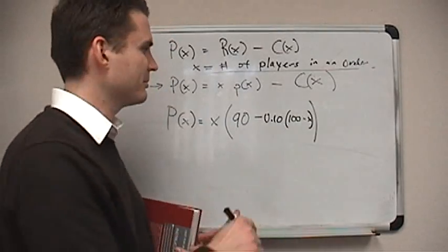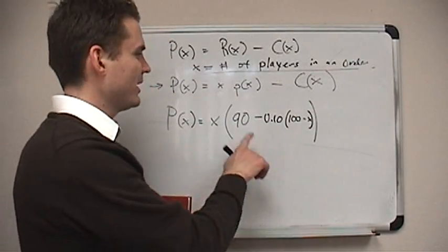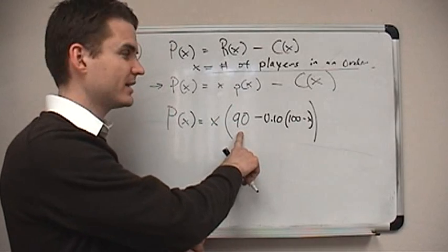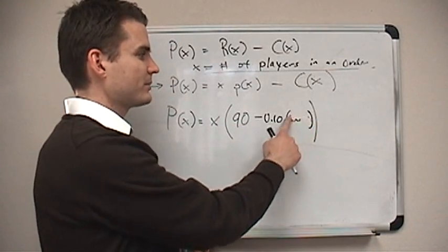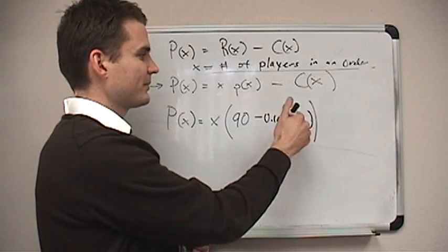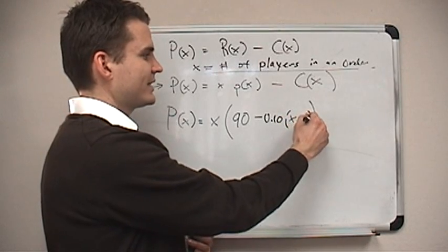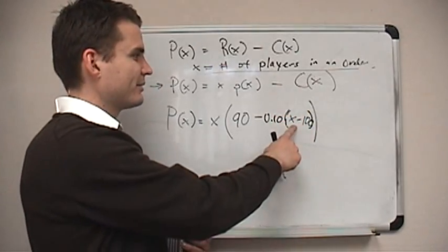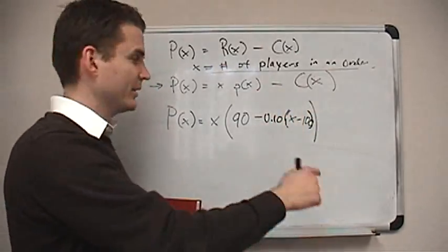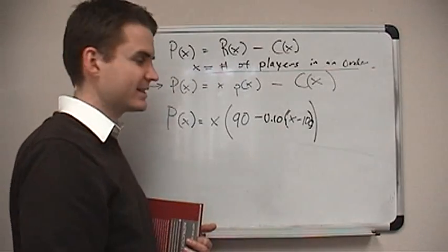Seems kind of complicated, but look at where this formula comes from. How much do we charge? Basically $90. However, whatever they sell in excess of 100, sorry, this should be x minus 100 here. If I sell anything more than 100, I subtract 100 from that, and for each additional unit beyond 100, I'm subtracting 10 cents.